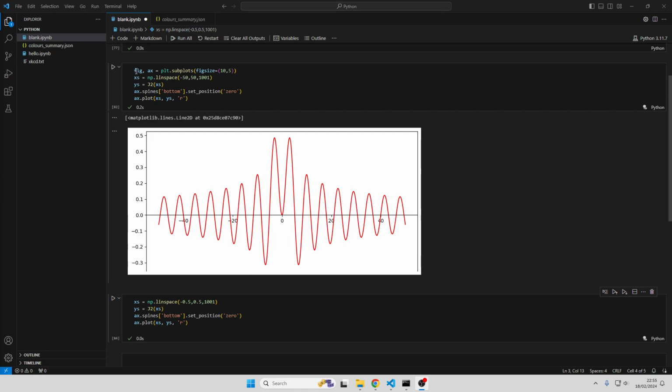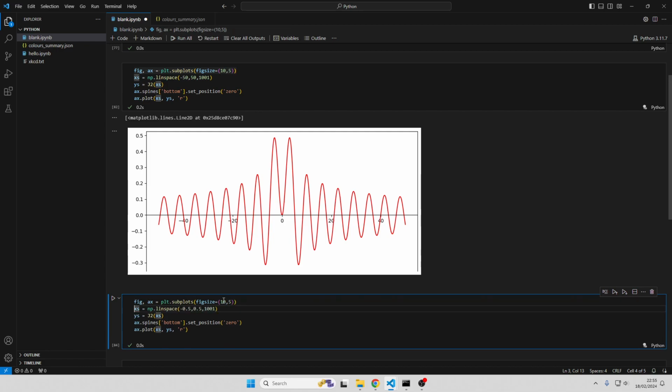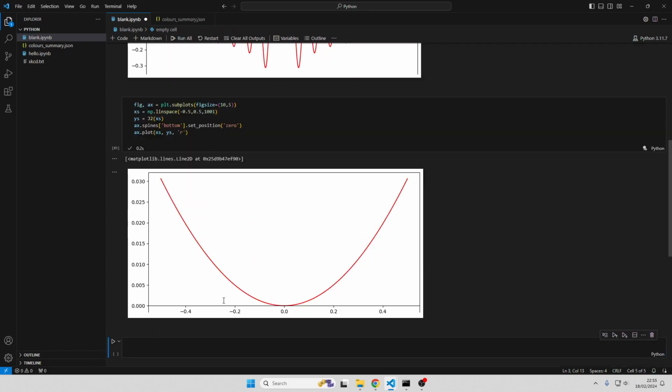We need to do the fig, ax thing again here, to make a new plot that we can plot stuff on. Okay, so there we go.